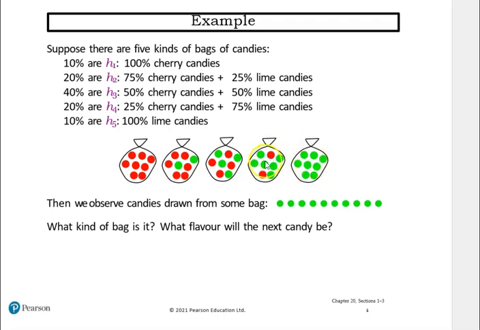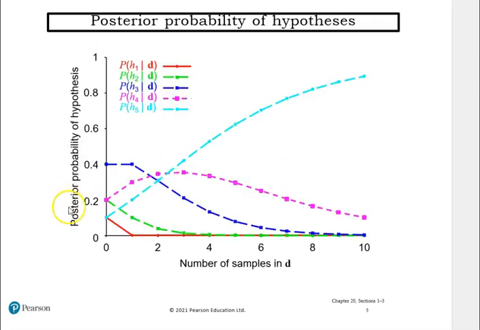Or if not, then it's maybe this one. Okay, but it's definitely not this one. This one should die out fairly quickly because it's all red. So you can see that after the first candy is picked, the probability of the whole red bag is 0, which is normal. Okay, and then the probability of the whole lime starts getting confirmed over and over.